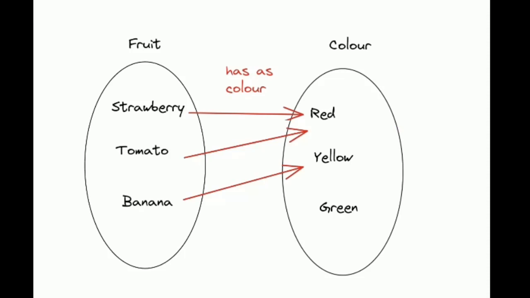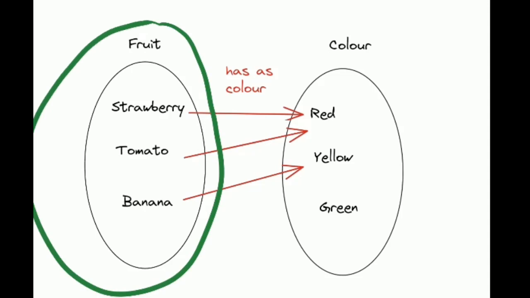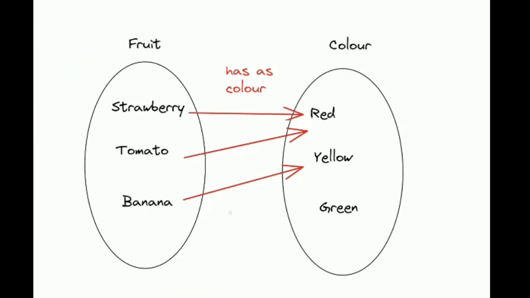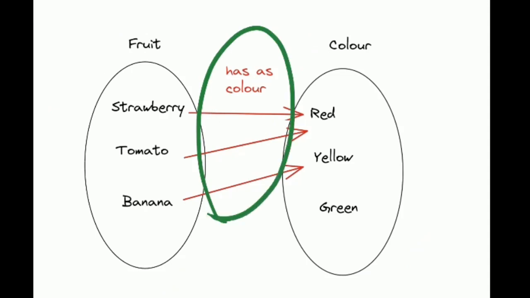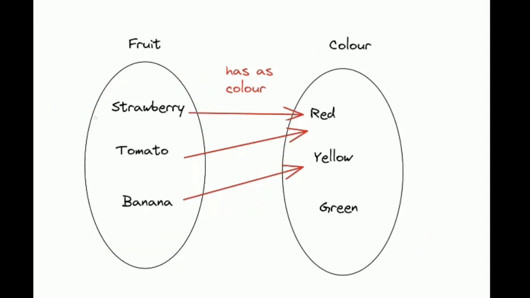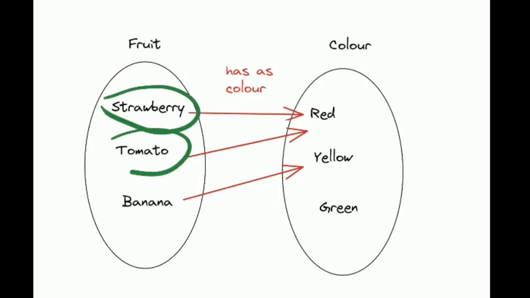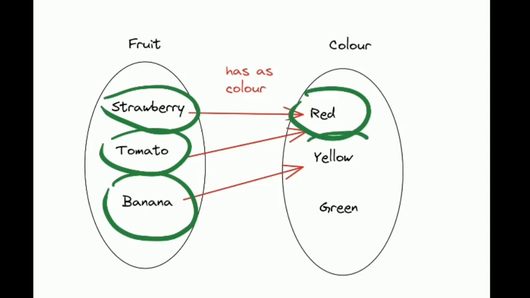So what exactly is a function? Well, basically, it's just where we send every member of some source set to some member of some target set. And so you see here with this red function, I'm sending each of these fruits, each of these 3 members of this set of fruit, to some member of this target set here, this set of colours.